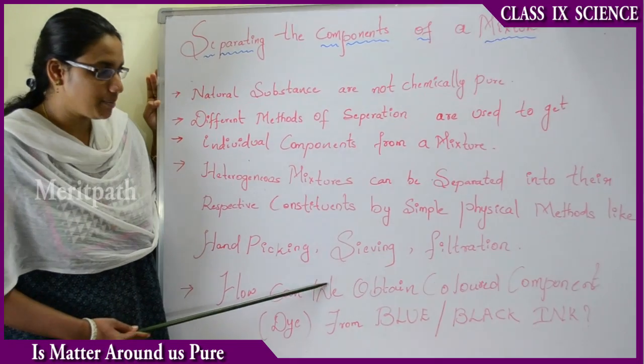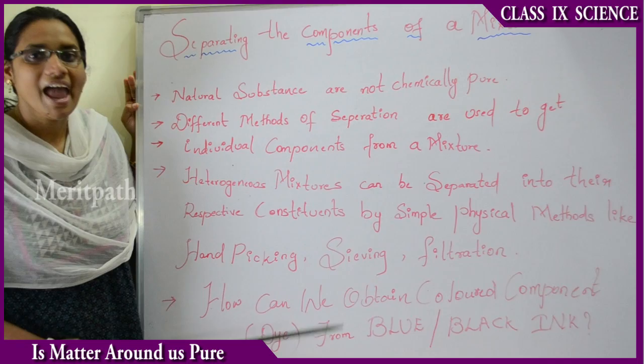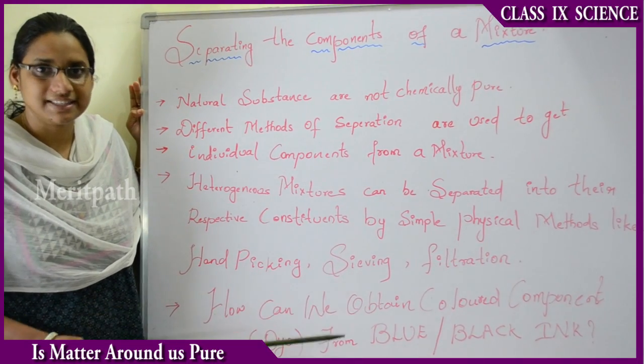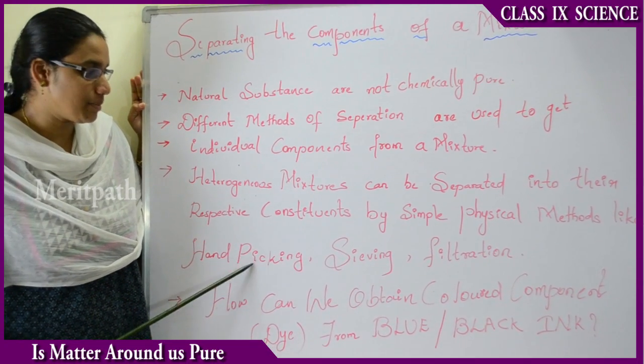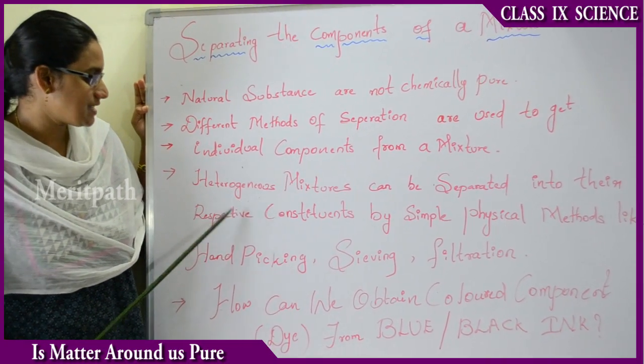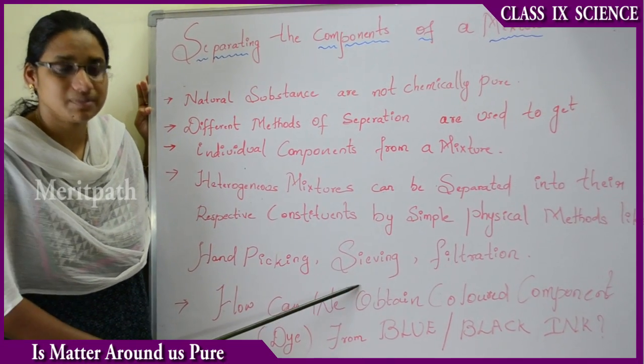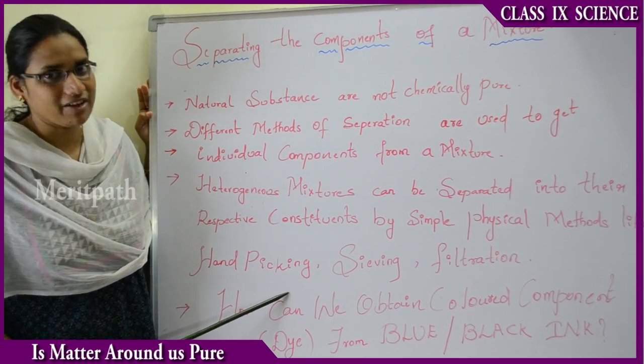We also use sieving, and hand picking, like picking the stones out of rice with the hand. That is a good example. Like this we filter some substances from other substances, right? These are the day-to-day separation processes we use on our mixtures.